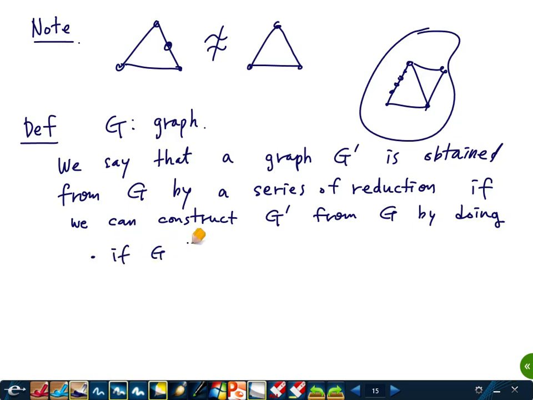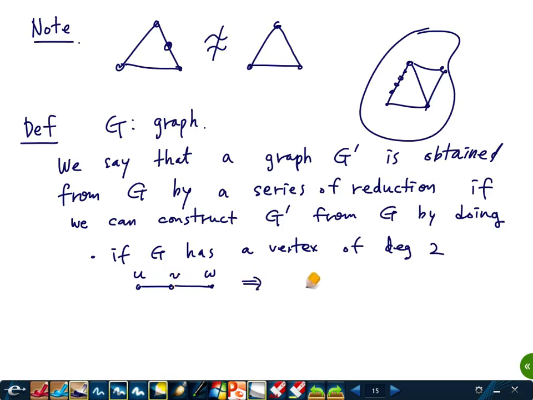If G has a vertex of degree 2, what does that mean? It has an edge going out one side and another edge going out the other side, so it is somehow in the middle of an edge. Let me be more precise. We have a vertex V of degree 2. That means we have two edges like that.